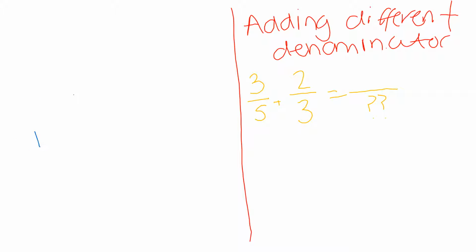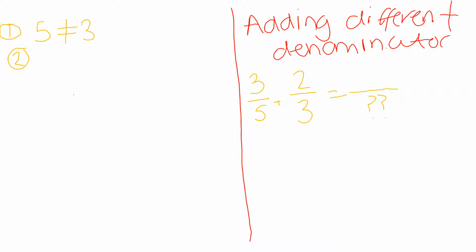First, I think it's really important to recognize that we have different denominators. I think that we all can agree that 5 does not equal 3. Therefore, our denominators are different. Second, we need to address what our lowest common multiple is.